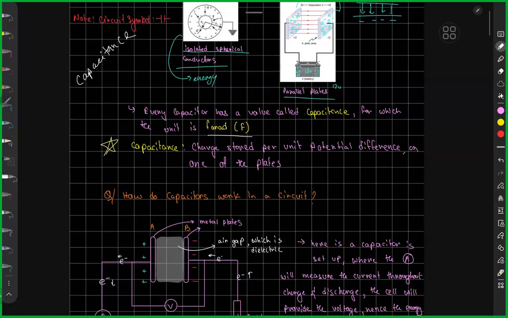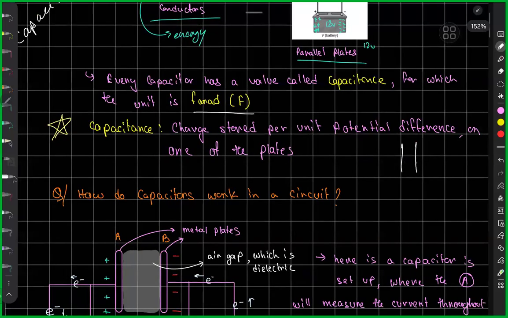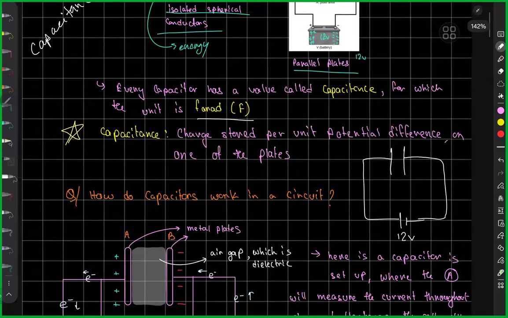So when we have the charge plates, I have a cell potential of 12 volt. The capacitor keeps getting charged up, or the electrons keep flowing, until the potential difference across the capacitor is 12 volt.